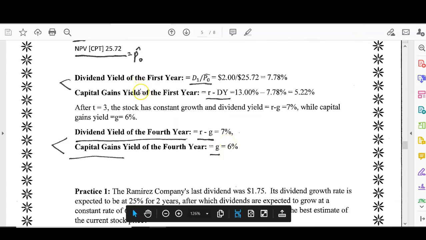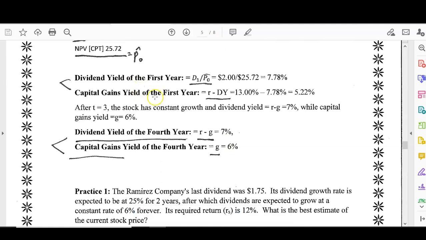For dividend yield and capital gains yield for the first year, by definition, DY is D1 over P0, so we can calculate that. The DY equals 7.78%. Capital gains yield becomes R minus DY, so it's 13% minus 7.78%, which is 5.22%.